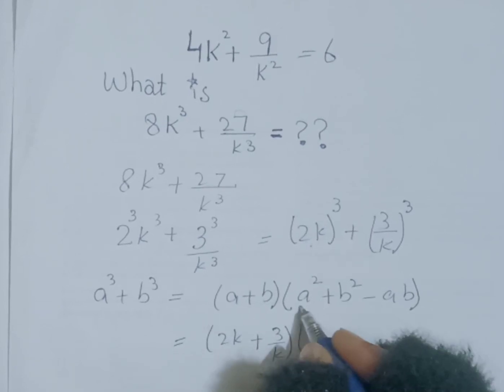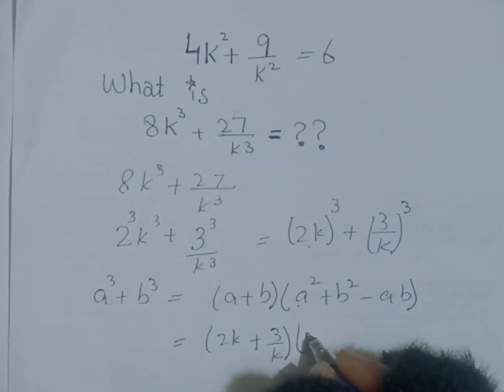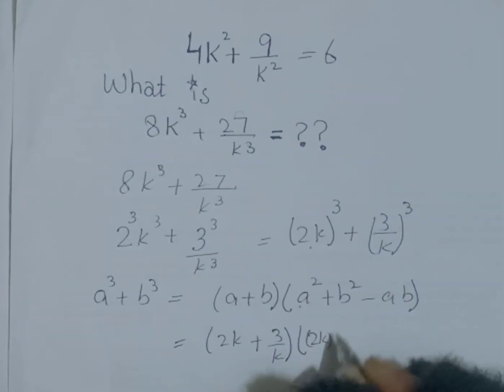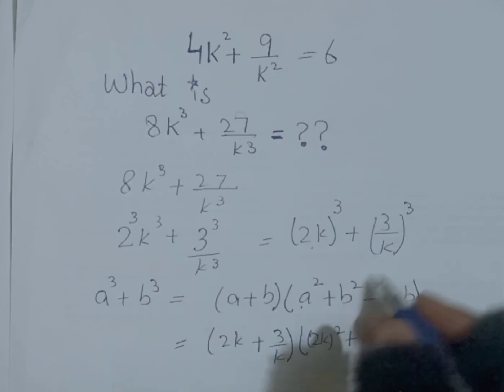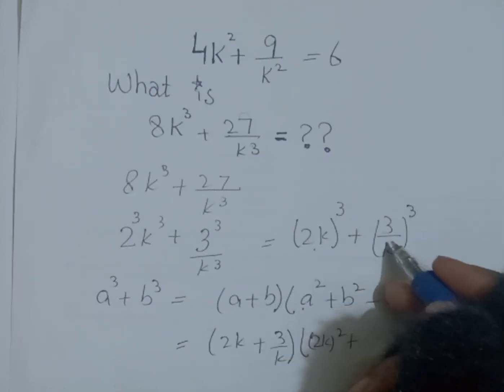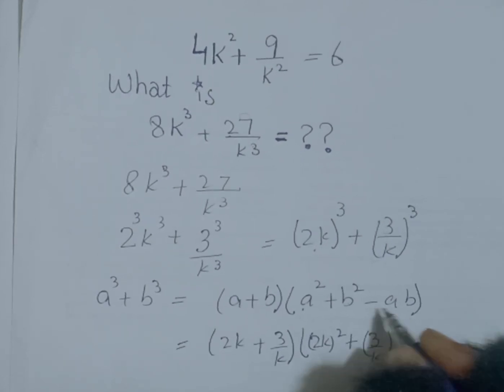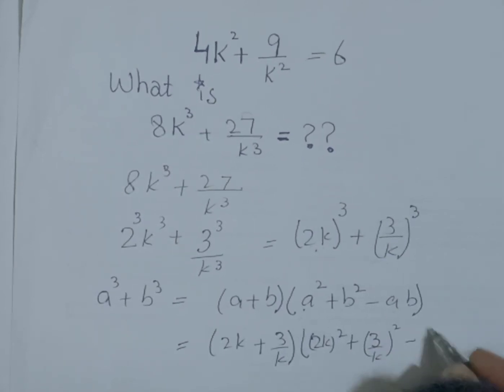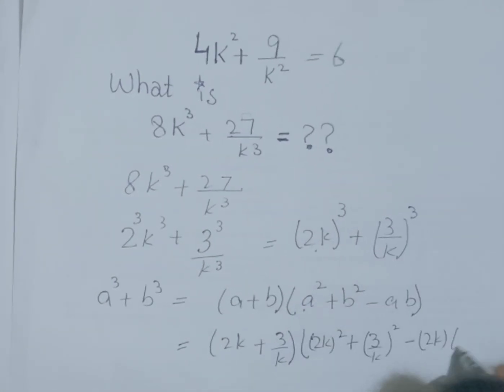After that, a square is (2k) square, plus b square is (3 by k) square, minus a which is 2k multiply b which is 3 by k.